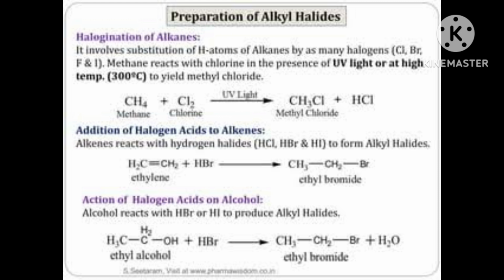It is a very simple way: from the chloride, you react with NaI. Alkyl iodides are prepared by the reaction of alkyl chloride or alkyl bromide with NaI in dry acetone.